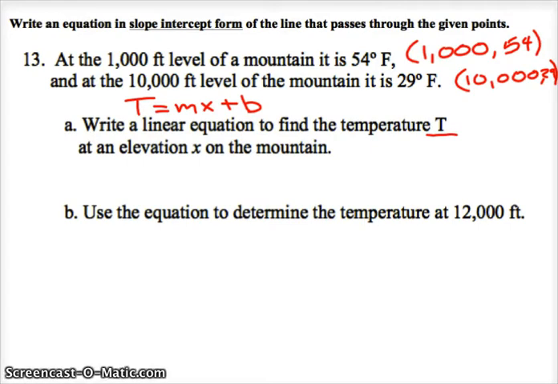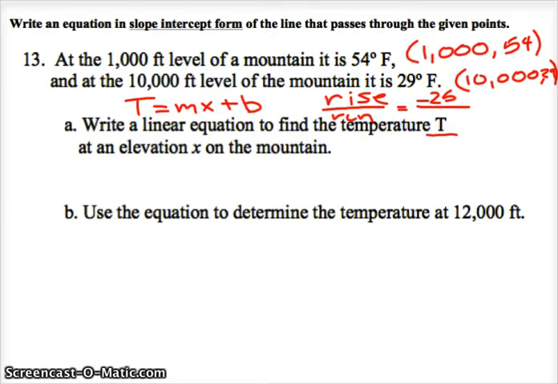Now our slope is rise over run. So looking at my y-coordinates, I have 54 and 29. From 54 to 29, I'm rising, or I'm actually decreasing, negative 25. So my slope, my rise over run, is going to be negative 25.